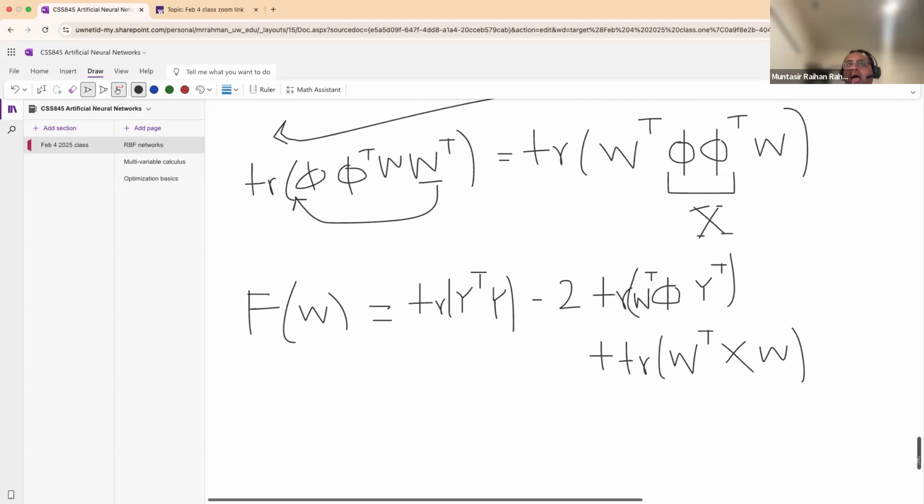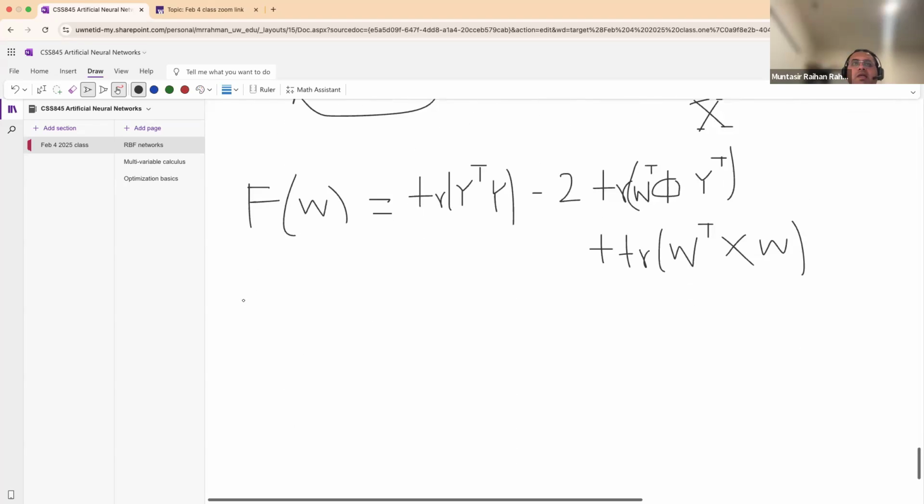Okay, now we want to find dF with respect to dW. And now, as I mentioned in class, the trick here is to think of all these as scalars, find the scalar derivative, and then think back about matrices, right?